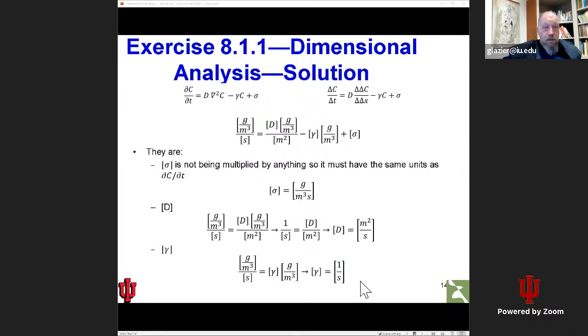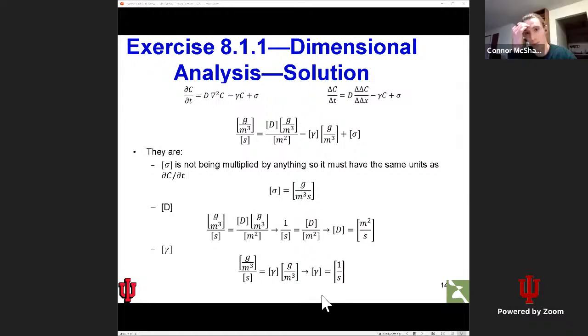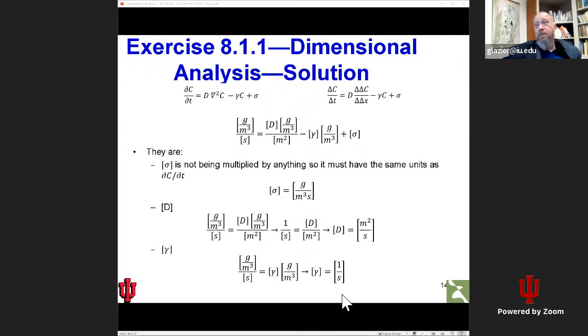So I don't have D either. So I'm left with gamma. If I want to get a time out of gamma, what do I have to do? 1 over gamma. Yeah. So the equilibration time of the diffusive system is 1 over the decay rate. That's it.